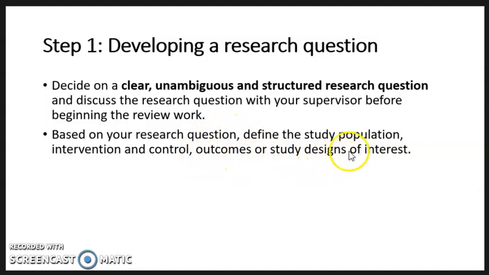Yeah, and what is your study design of interest. Yeah, so to assess the effectiveness, basically you need to look for experimental study. And if you want to cut down the number of available study, you might want to focus on RCT, randomized control trial. Yeah, so you can specify this in your research question.